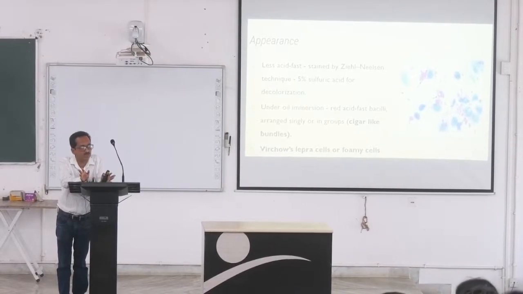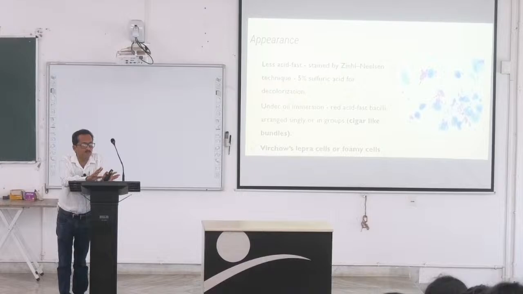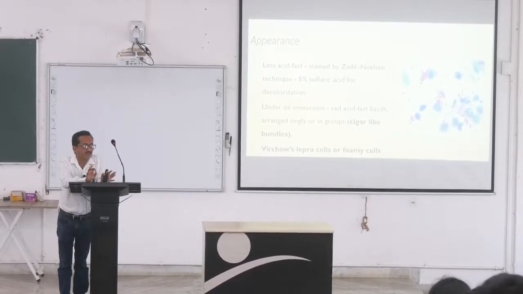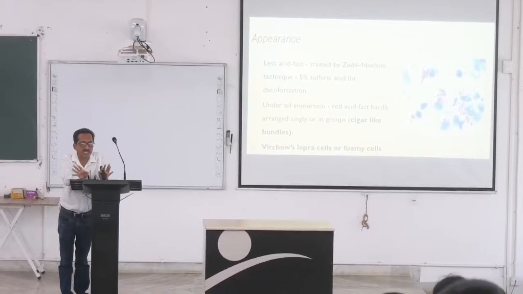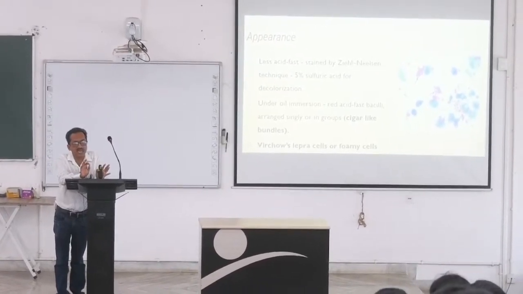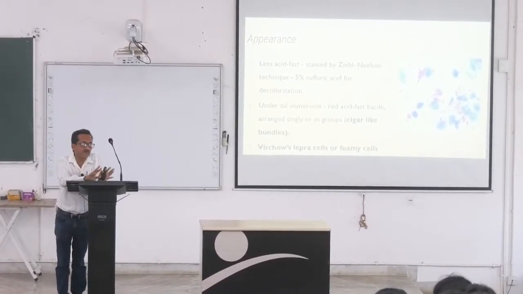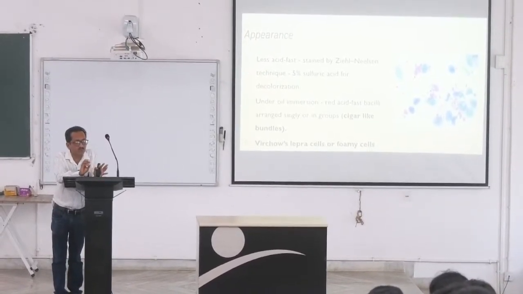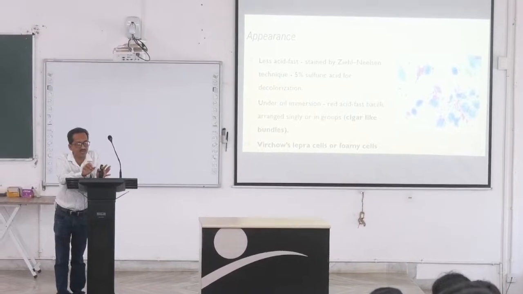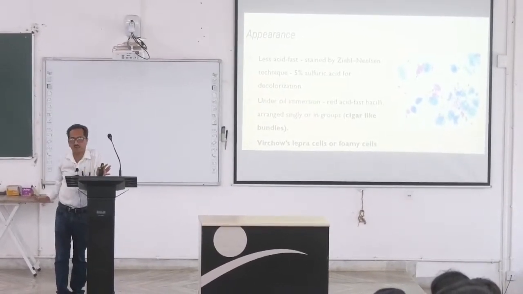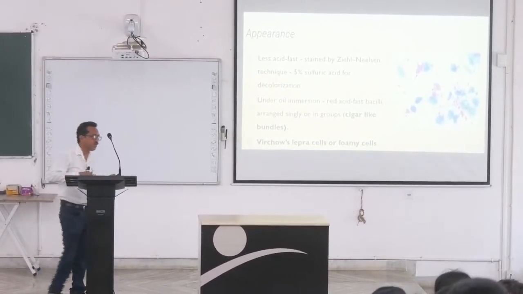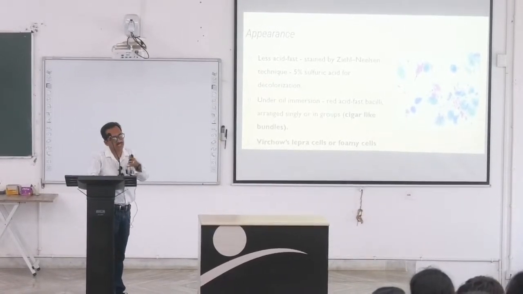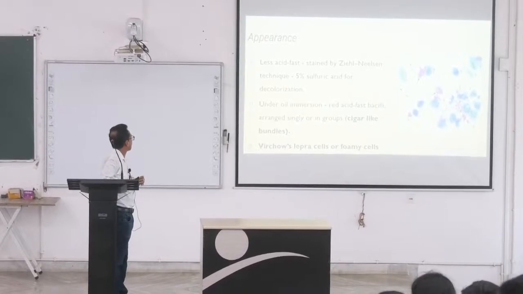First point: in sputum, you will get pus cells and epithelial cells. But in skin, you will see epithelial cells and macrophages in the smear, and most of these bacilli are intracellular, within the macrophage. This is the first point of differentiating the specimen.